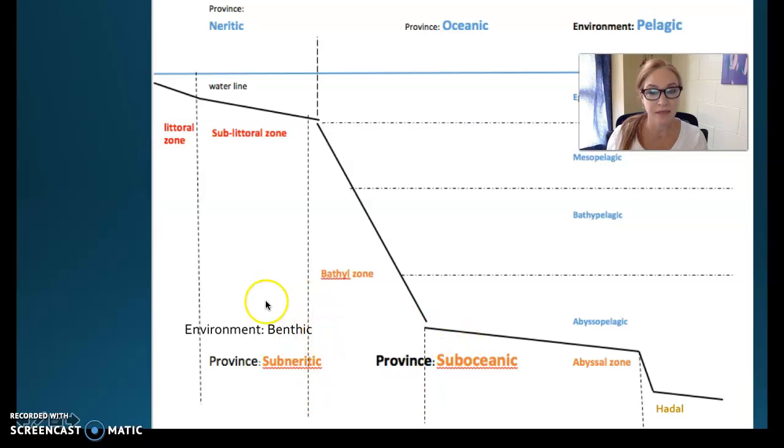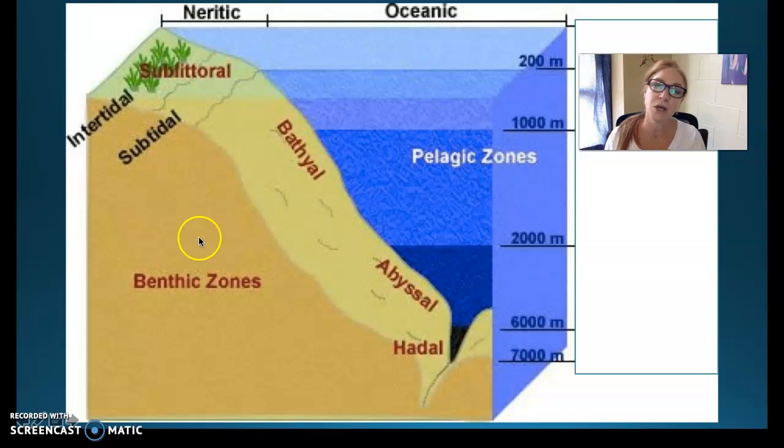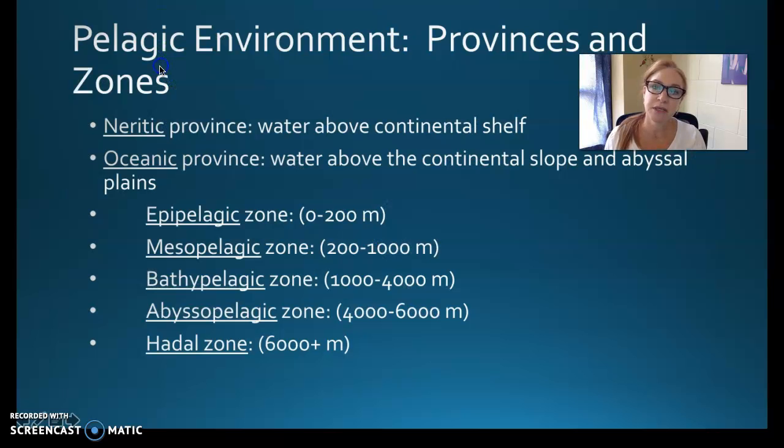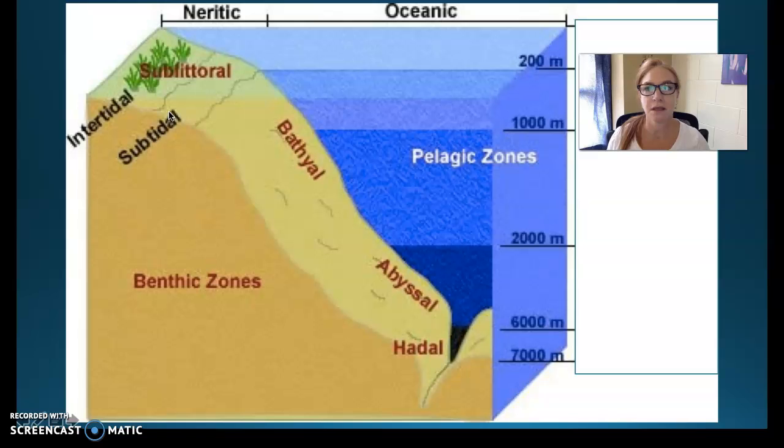In the benthic environment, the suboceanic province under the ocean, we get the bathal zone, the seafloor on the continental slope. The abyssal zone is the abyssal plain, and then hadal zone is down in those super deep trenches. Okay? And here's again what that looks like. Littoral, sublittoral, then we have bathal, abyssal, hadal down in the trench.